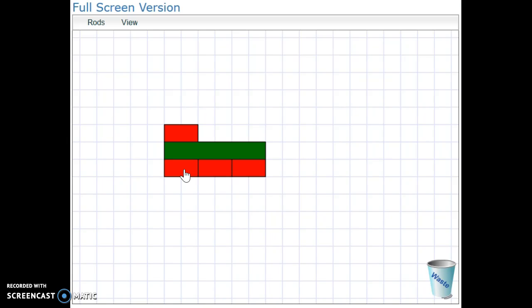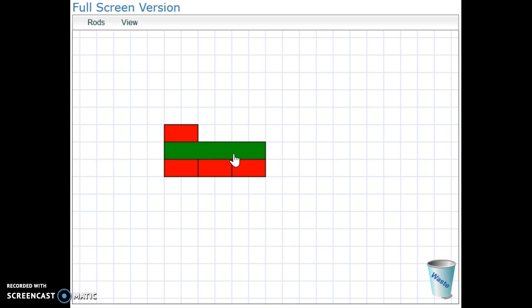So 1 red rod represents 2 over 6. It also could mean 1 over 3, because it takes 3 red ones to make a whole green one.